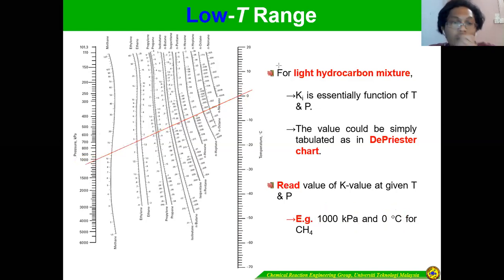For methane, it is around 12. How about ethylene? Ethylene is around 2.7. So you can use the values to calculate the composition, pressure as well as temperature.